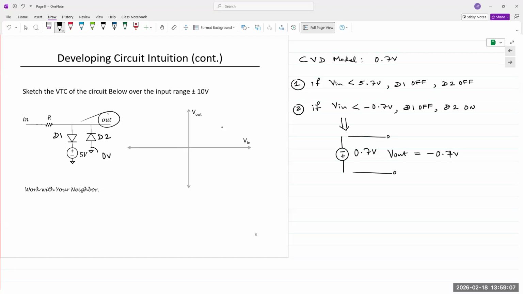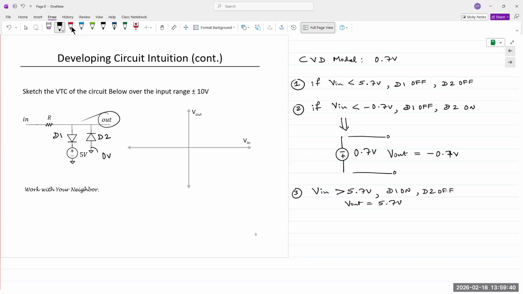Okay, minus 0.7 volts. And of course, the third case is where V in is greater than 5.7 volts, which is something we already saw previously. Then D1 is on. D2, of course, is going to remain off. And then V out is 5.7 volts.